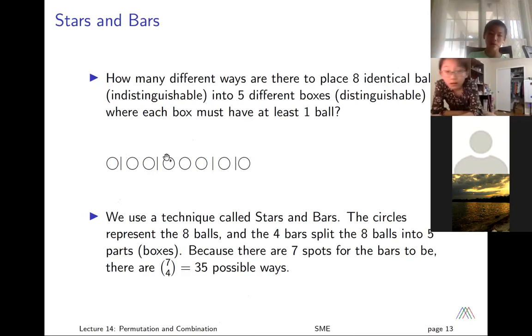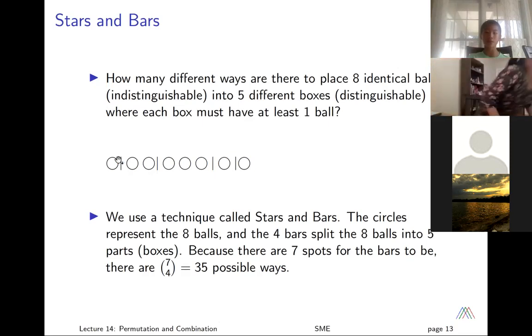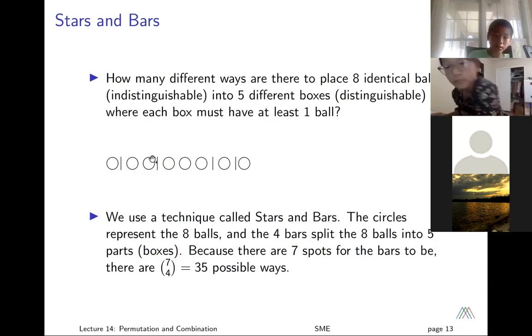Those 4 bars separate these 8 balls into 5 different parts, and you can represent each part as a box. There are 8 balls, so there are 7 spots in between where we can put our bars. There are 4 bars and 7 spots, so there are 7 choose 4, which is equal to 35 possible ways.